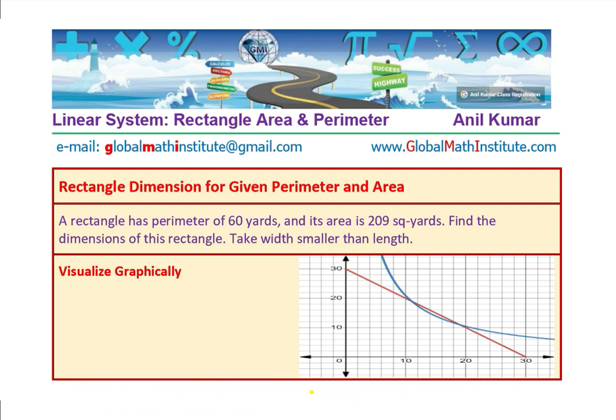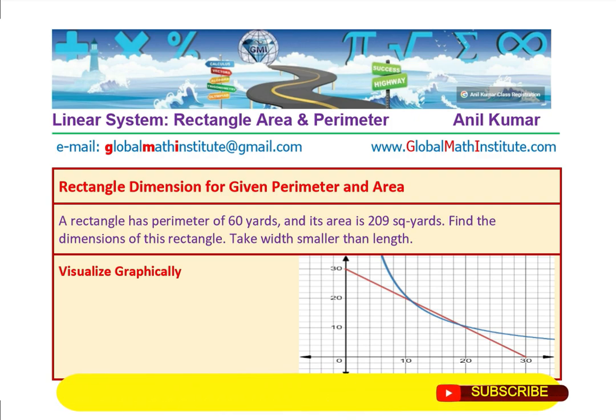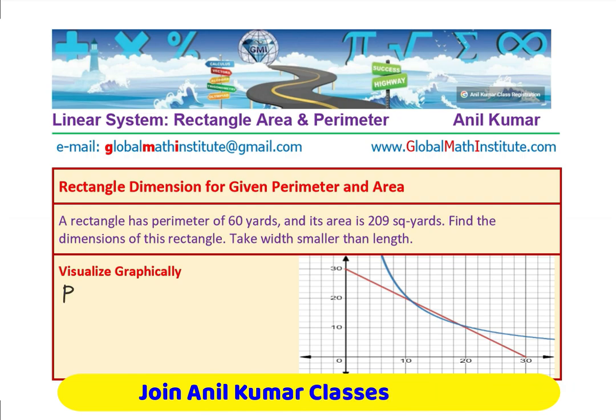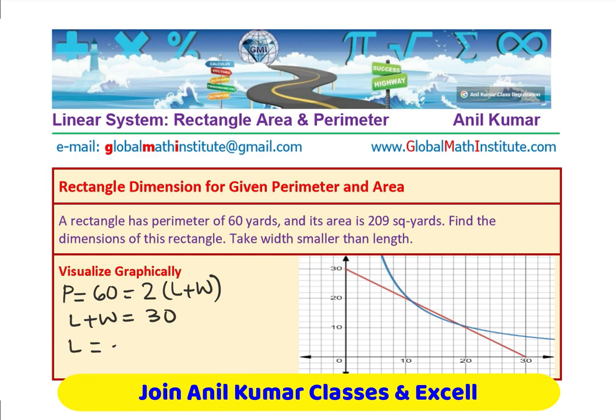Now some of our senior students will be looking at this problem from a different angle altogether. See, when we have equations, we just visualize that perimeter is equal to 60, which is 2 times length plus width. And from here, we figured out that length plus width is equal to 30, or length is equal to minus W plus 30, correct?